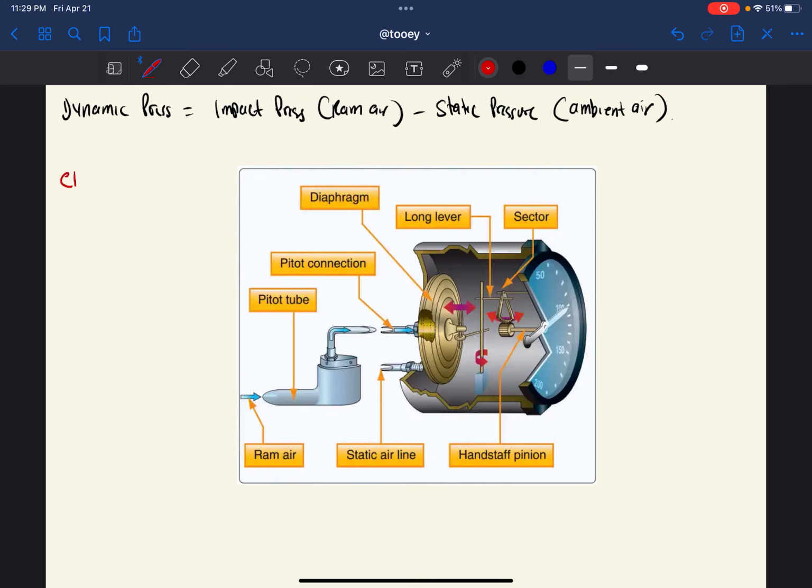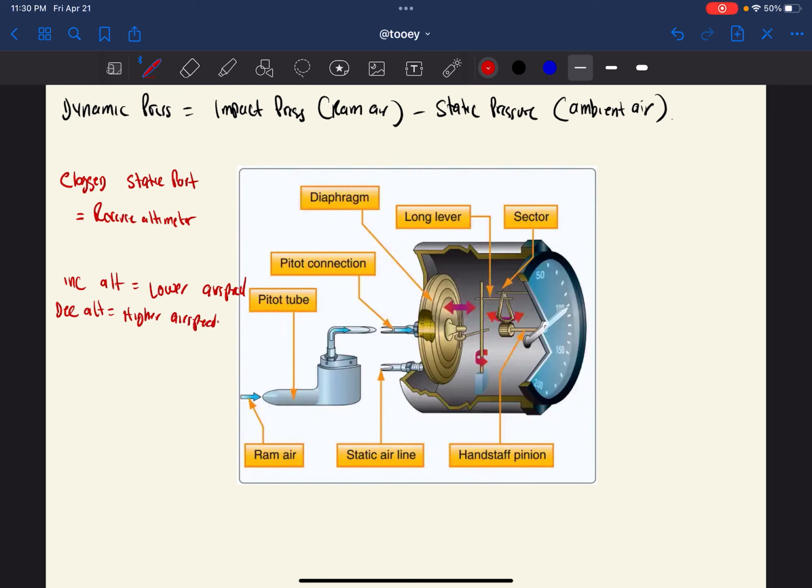So clogged static port equals reverse altimeter. What that means is as you increase altitude, you'll get a lower airspeed, and as you decrease altitude, you'll get a higher airspeed.